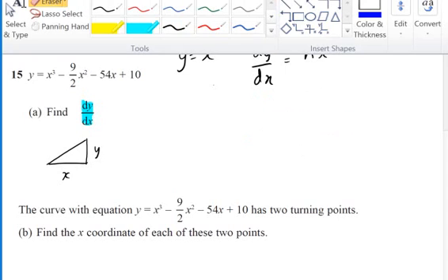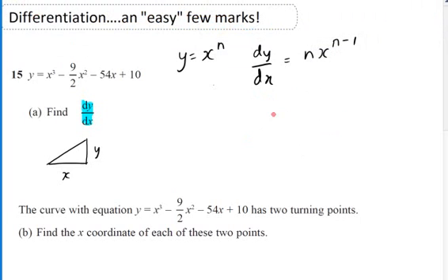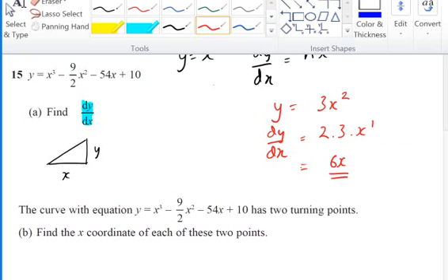Let's try y equals 3x to the power of 2. Well, that 3 doesn't get thrown away, but when you bring down the power, it will be 2 times 3 times x, knock 1 off, to the power of 1. So that becomes 6x. If you can master that little technique, you can get some easy marks.